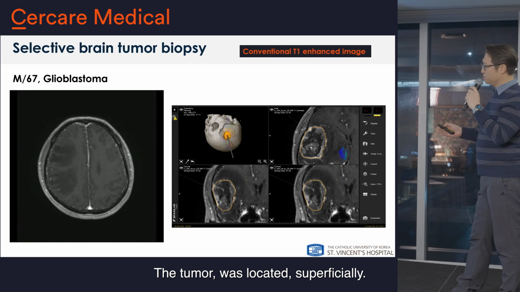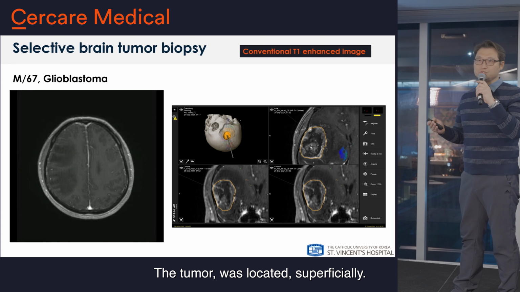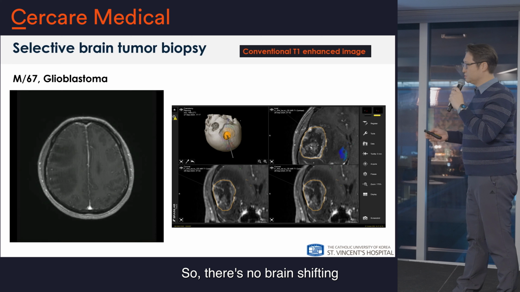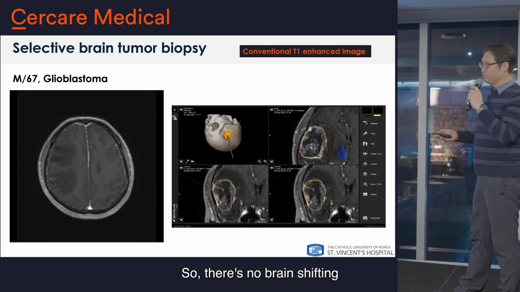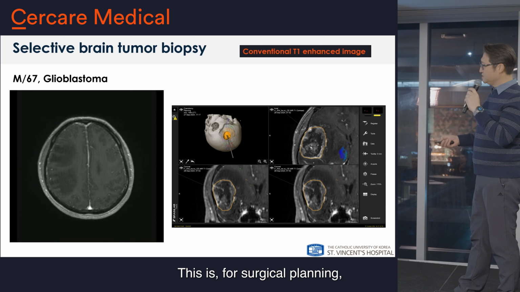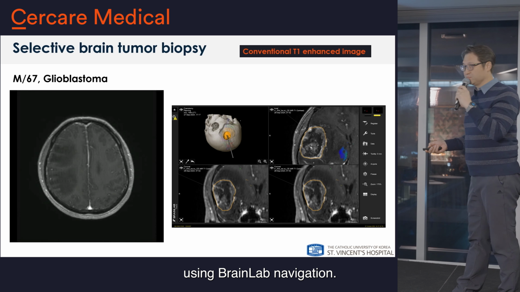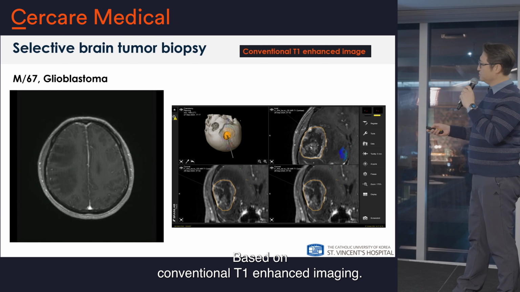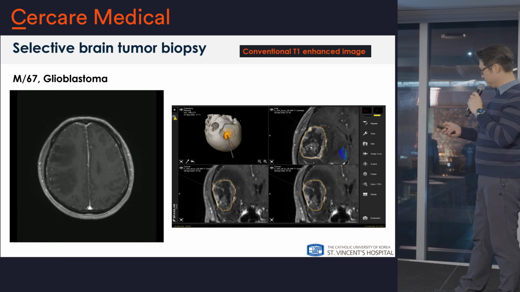The tumor was located superficially, so there was no brain shifting during dural opening and tumor resection. This is for surgical planning using BrainLab navigation based on conventional T1 enhanced imaging.